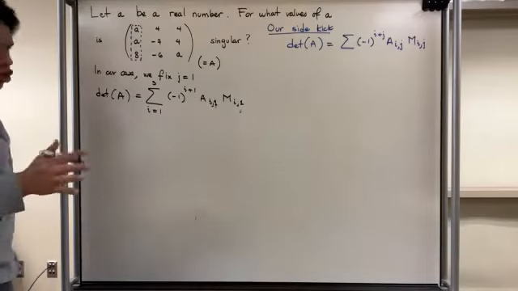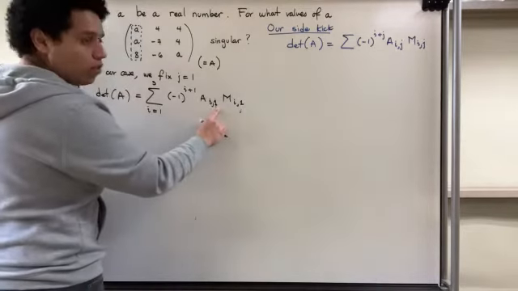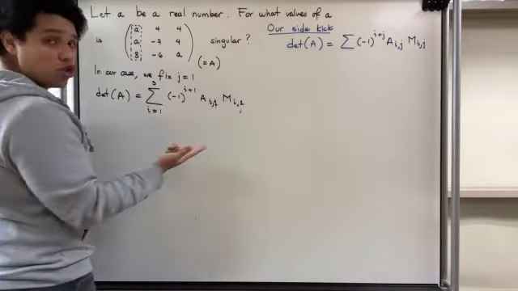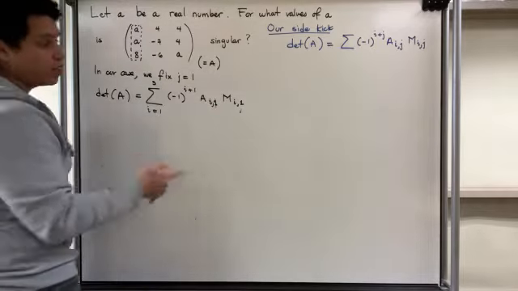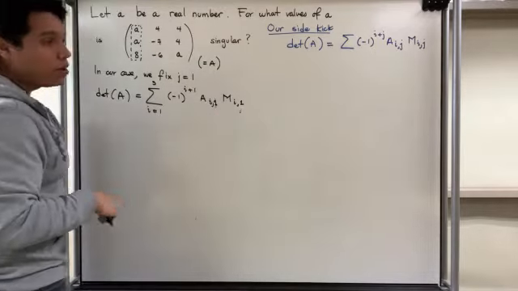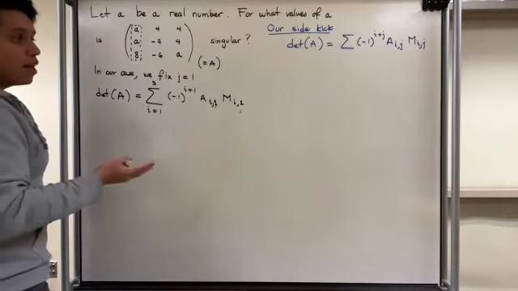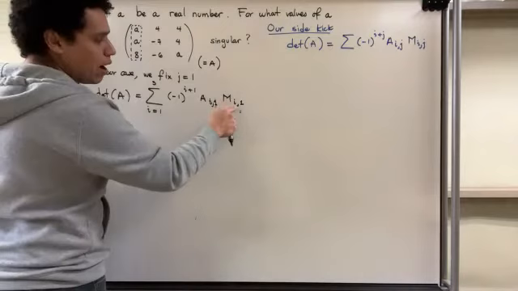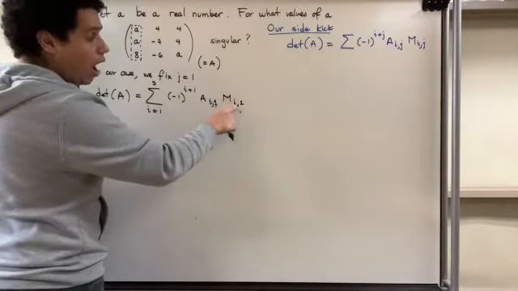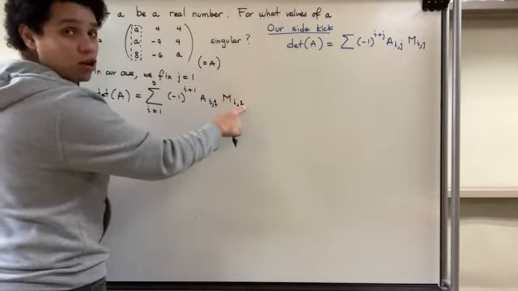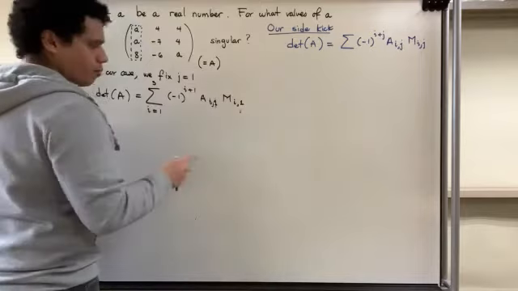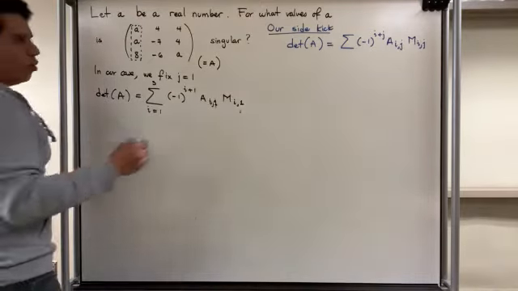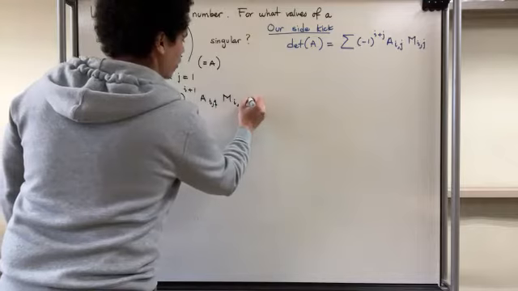Now, some explanation. The element that we find here is the entry associated with the matrix. And this one is the minor, meaning the determinant that we get from the matrix obtained by removing the ith row and the first column. So I'm going to expand this a little bit more because for our case, we get the following.